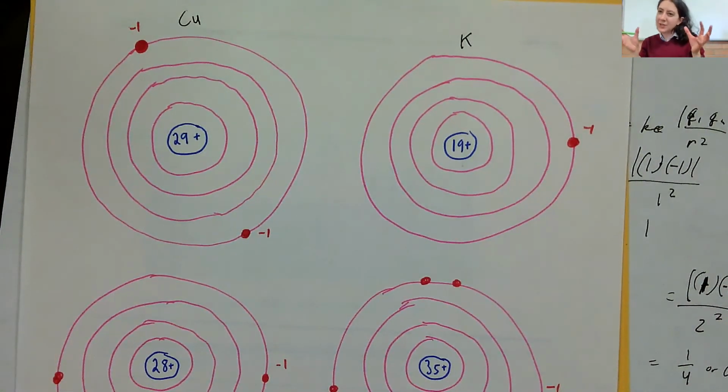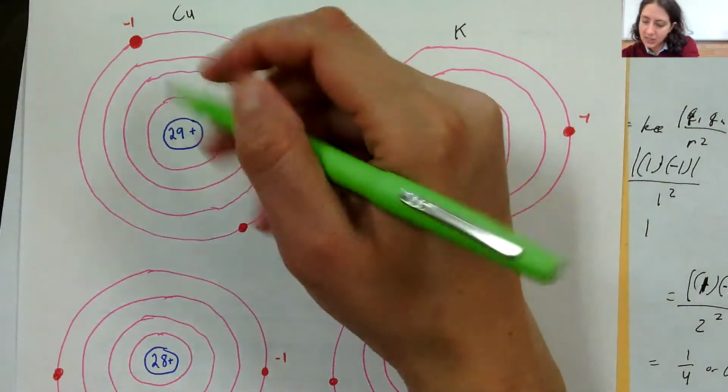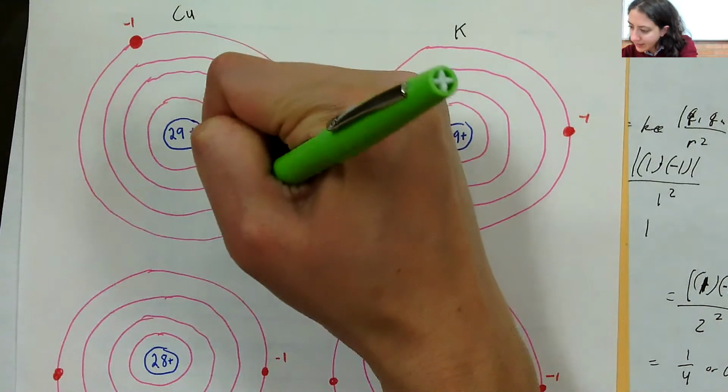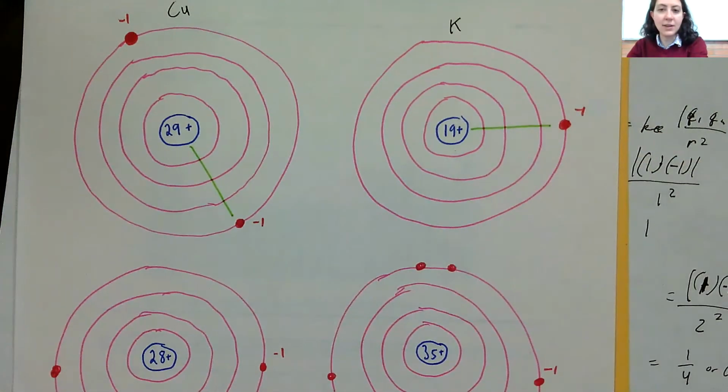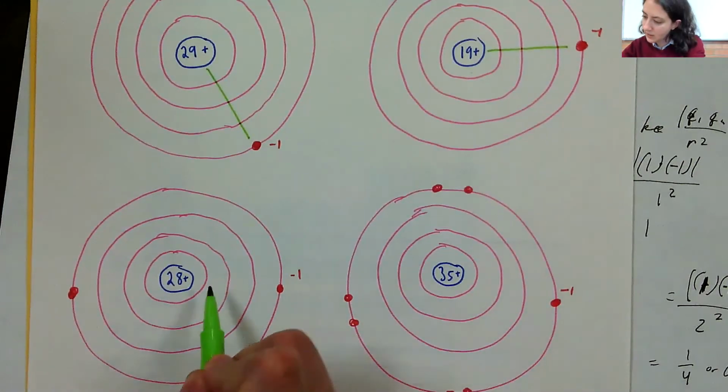Some of these electrons are going to get pulled in a little bit more, and some a little bit less. So we need to figure out which ones are going to get pulled in the most and which less. The actual forces we have to look at are between the nucleus and the valence electrons.